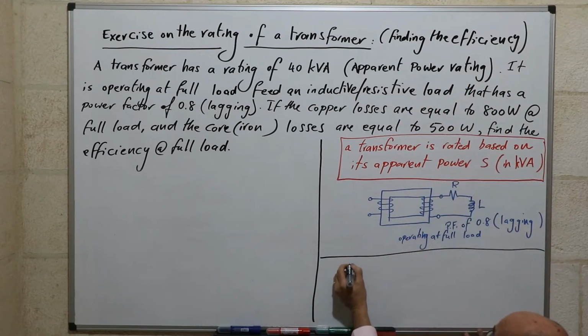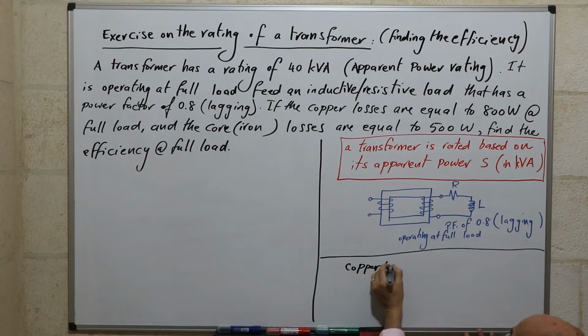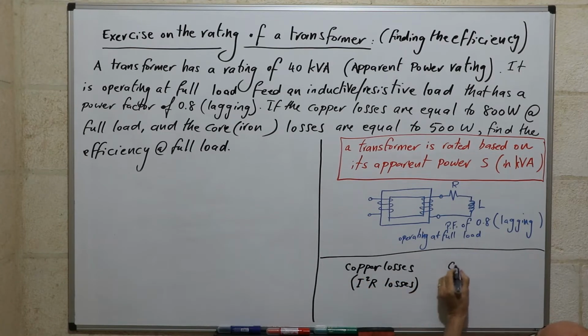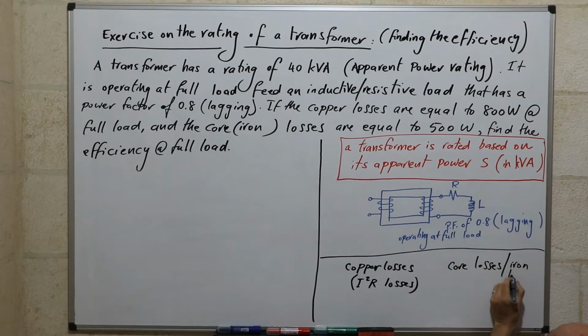Copper losses, sometimes we refer to them as I squared R losses, and we have core losses, also known as iron losses.